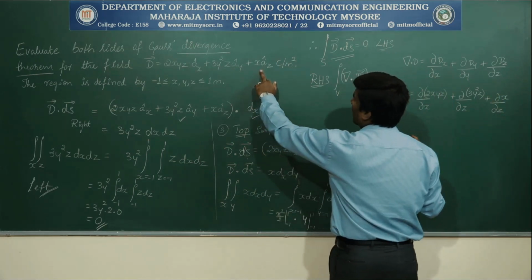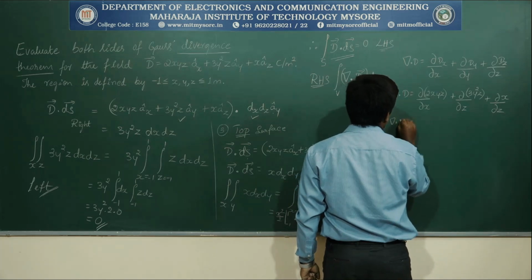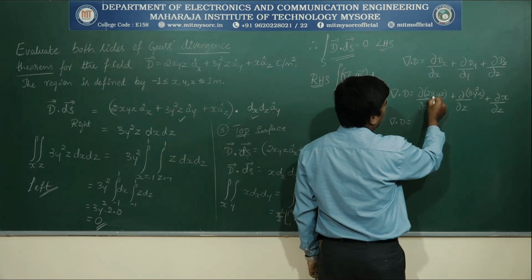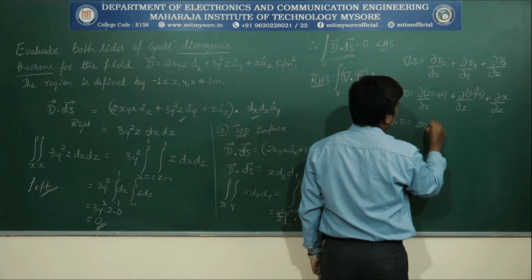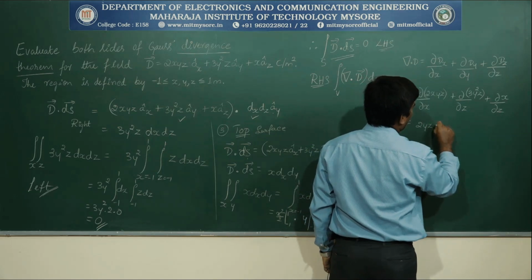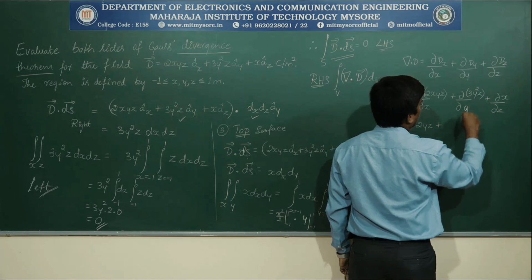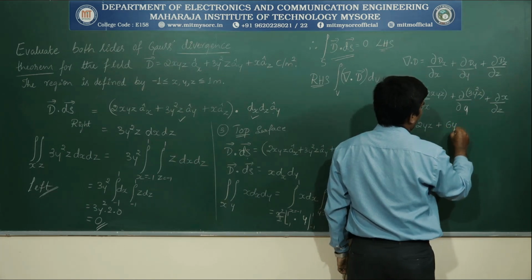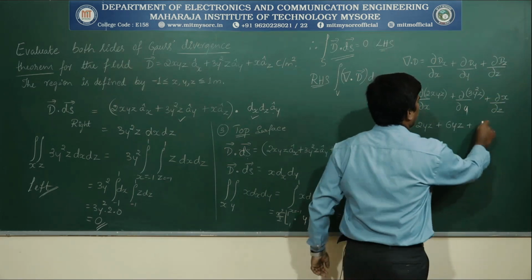So what are we going to get? Gradient dot D, with respect to x, if I do this, we get 2yz plus, with respect to y, sorry, not z, with respect to y, this becomes 6yz plus, what is this? 0.